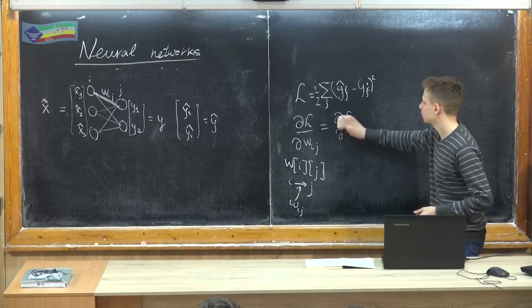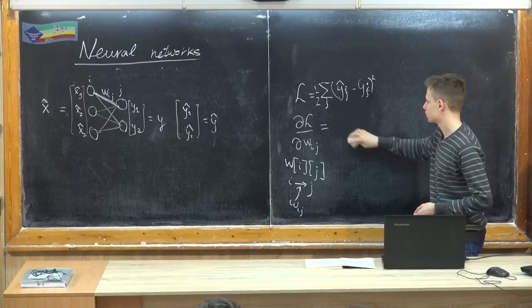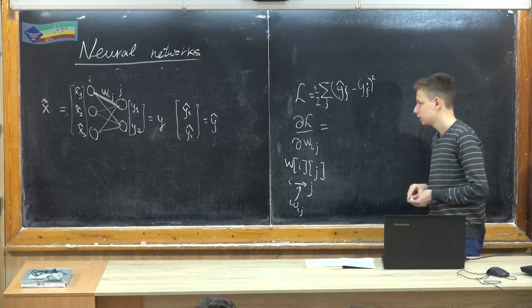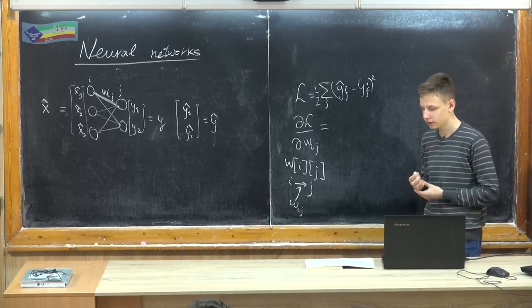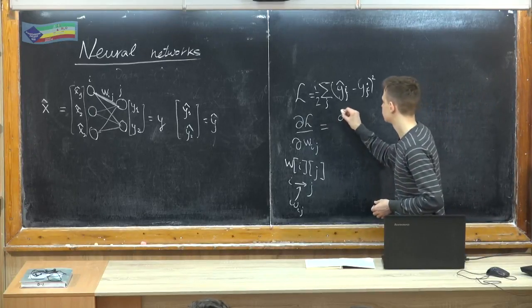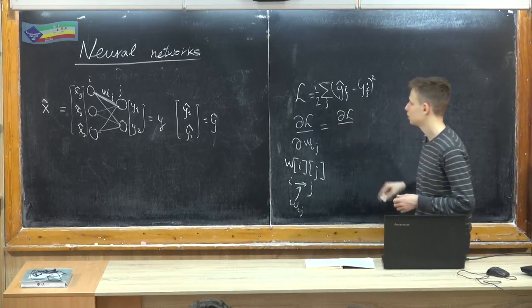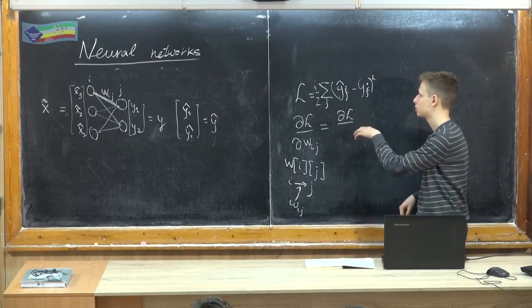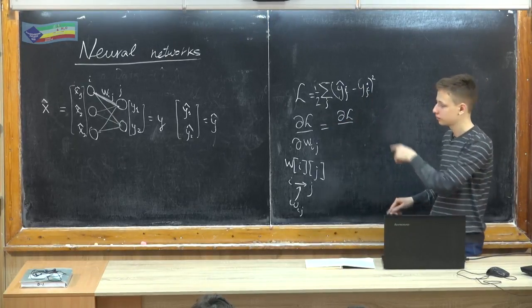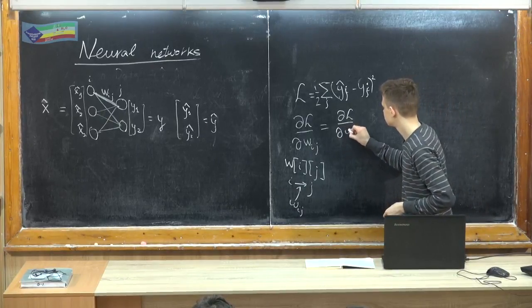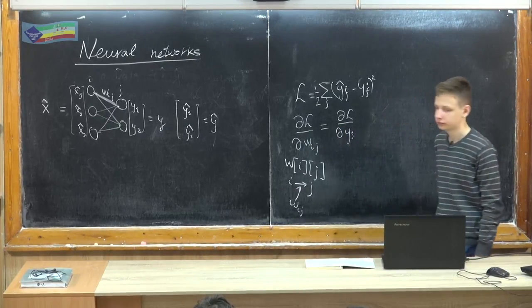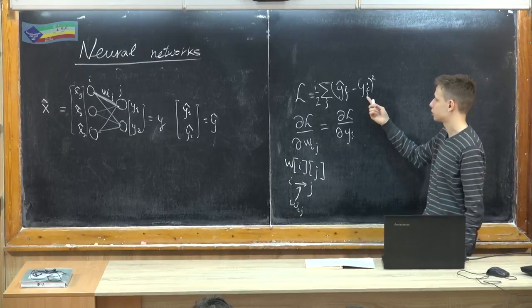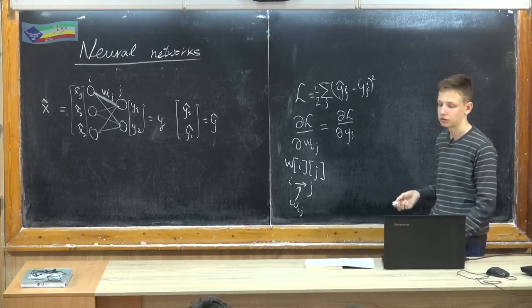To calculate it as quickly as possible, we'll use the following variables instead of s. First of all, we are going to calculate the partial derivative of the loss with respect to yj, because it's just in brackets and it's quite easy to calculate.